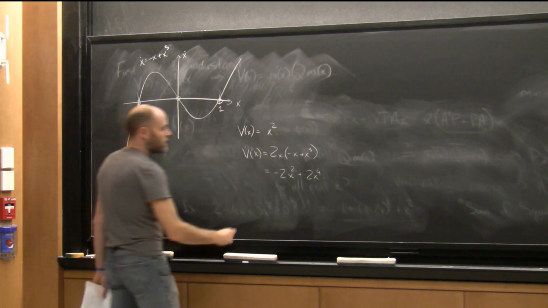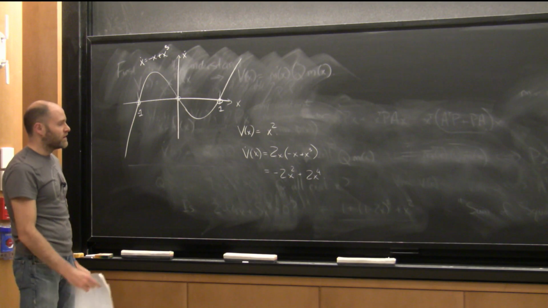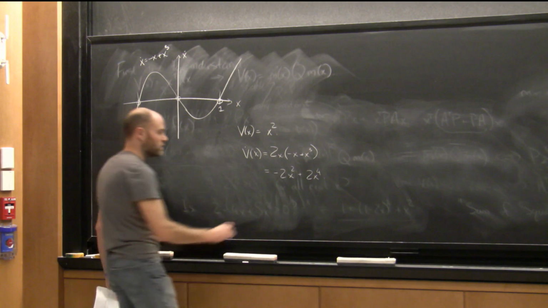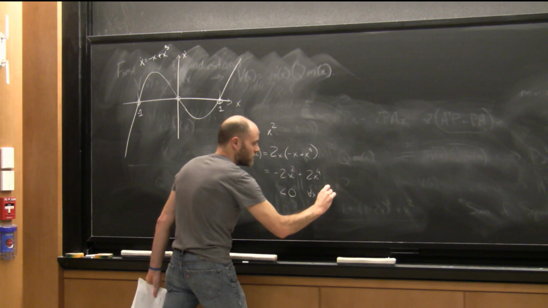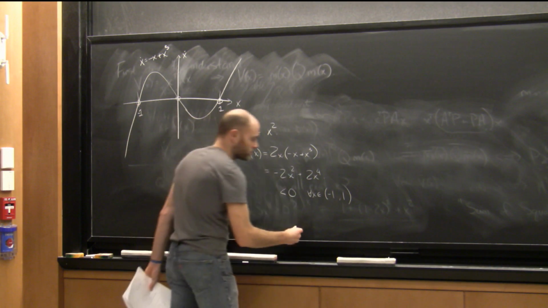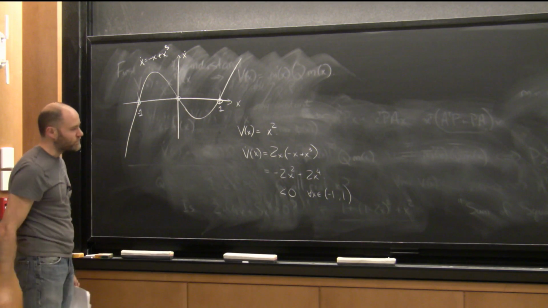That's right. So this thing is negative definite between negative 1 and 1. Right? This is less than 0 for all x in negative 1 and 1, apart from 0. And then it goes up.